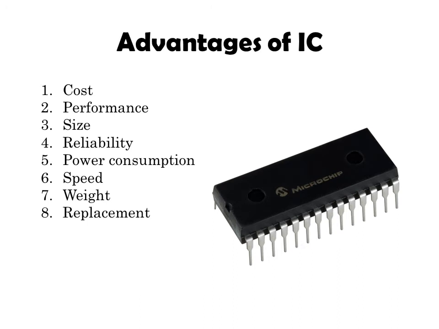Now, let us look into the advantages of ICs. The two main advantages of integrated circuits over discrete circuits are cost and performance. The costs are generally low as the chip along with its components is printed as a unit by photolithography.